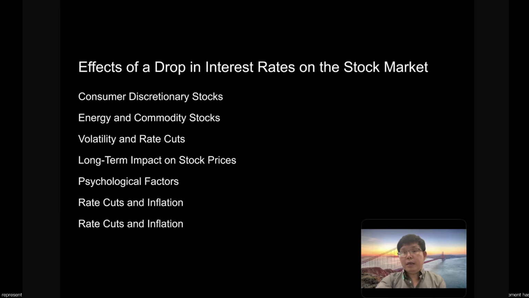Then we will be going to the next slide. Effects of drops: what stocks will it affect actually? It might affect consumer discretionary stocks, energy and commodity. Then volatility and rate cuts, long term growth, impact on stocks, psychological effects, and cuts and inflation.